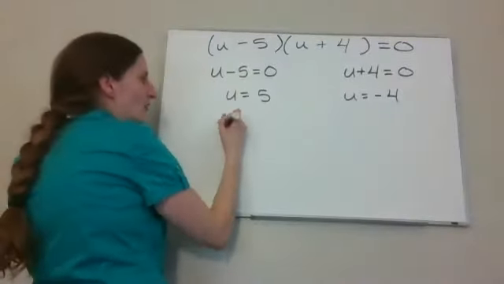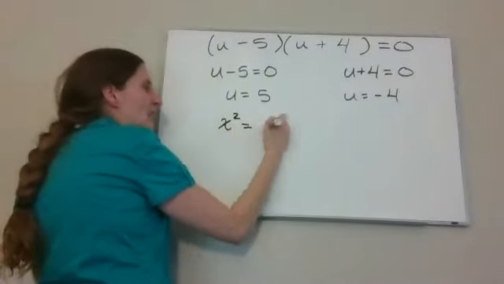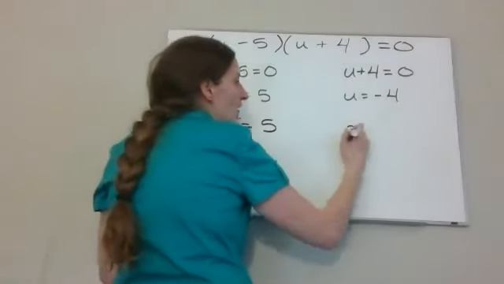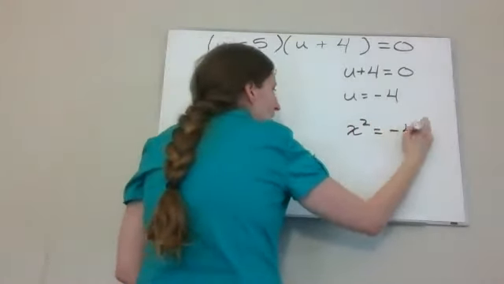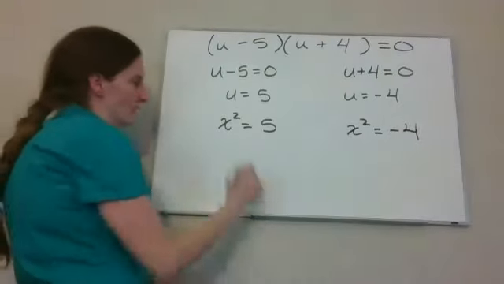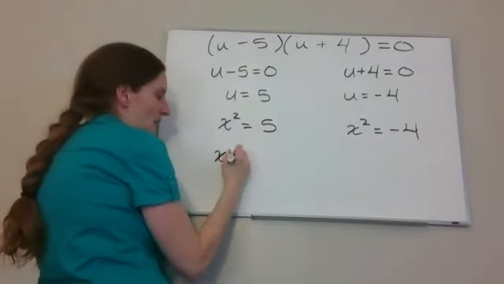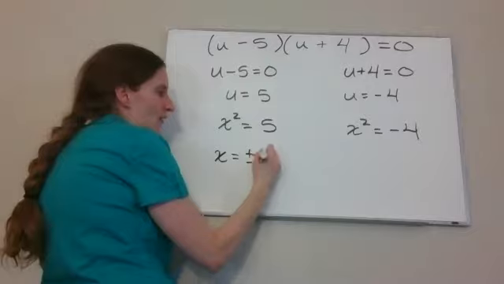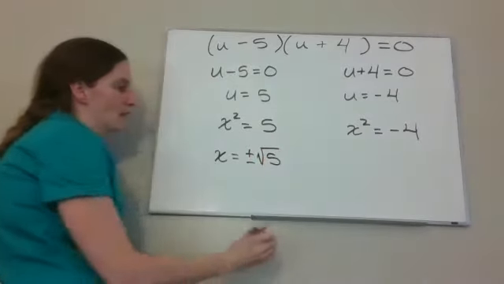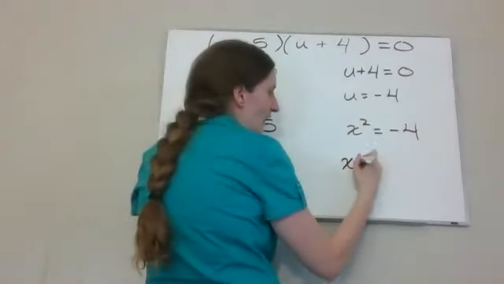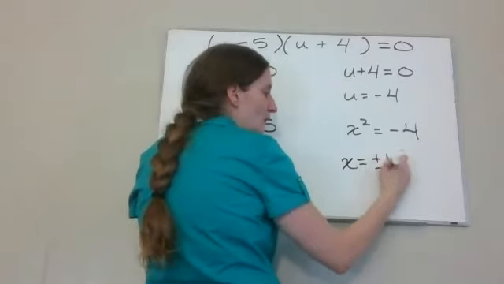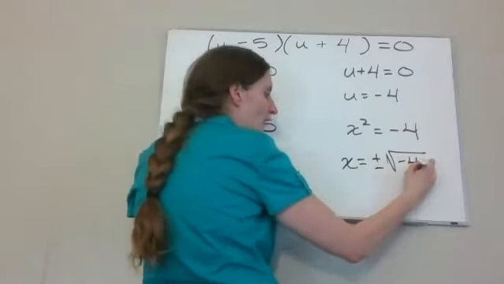So since u is equal to x squared, I know x squared is 5, or x squared is negative 4. Take a square root. X is plus or minus the square root of 5. And on this side, I get x equals plus or minus the square root of negative 4.